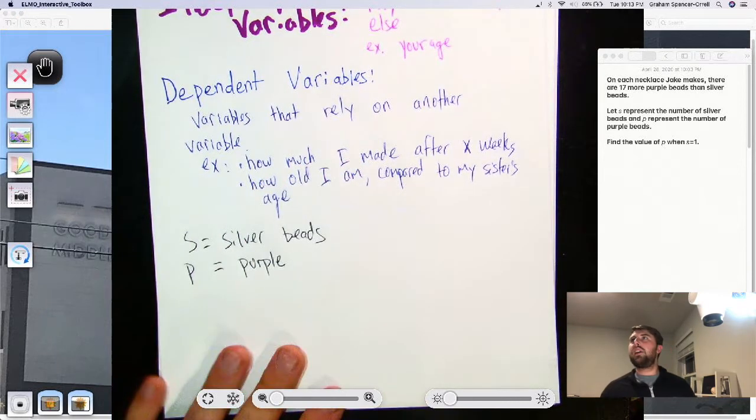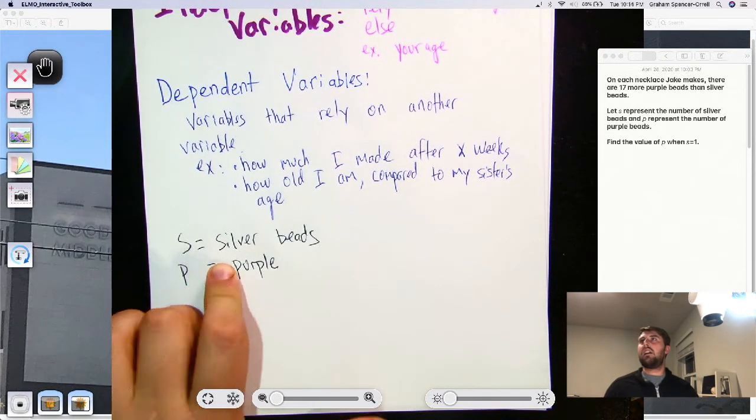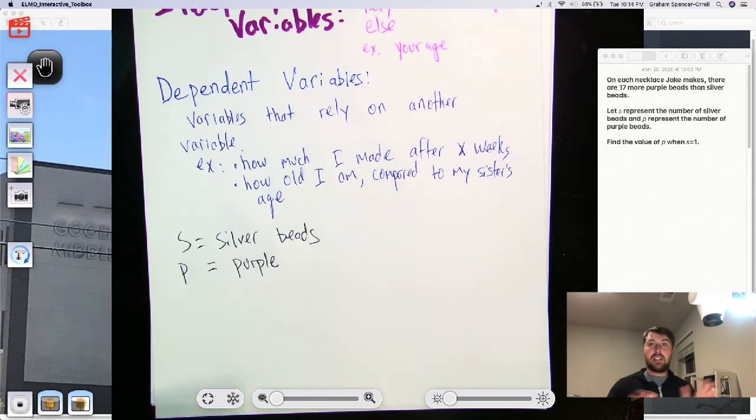All right, so S is our independent variable because no matter how many silver beads are there, we'll always know the number of silver beads, but there's 17 more purple beads than silver beads.